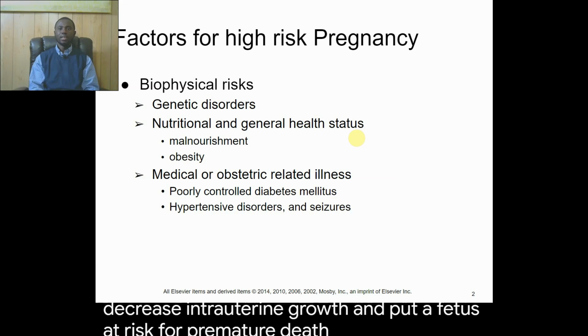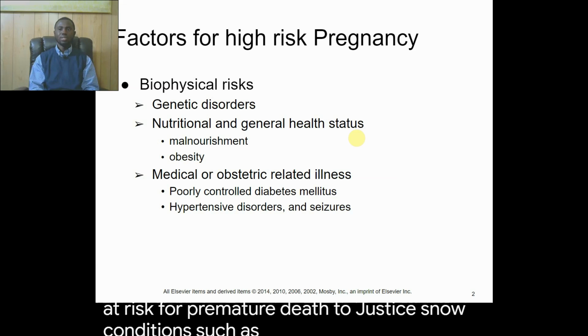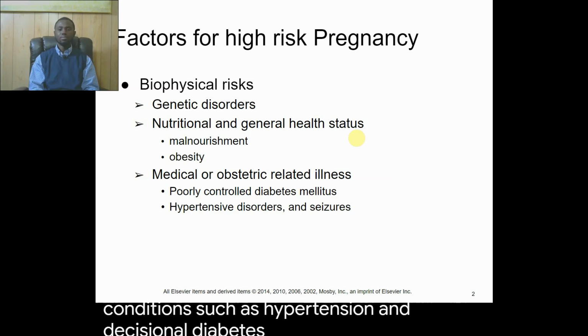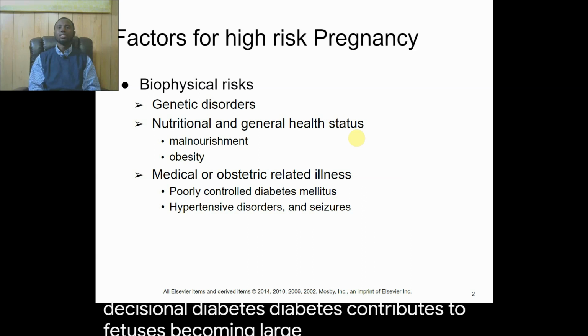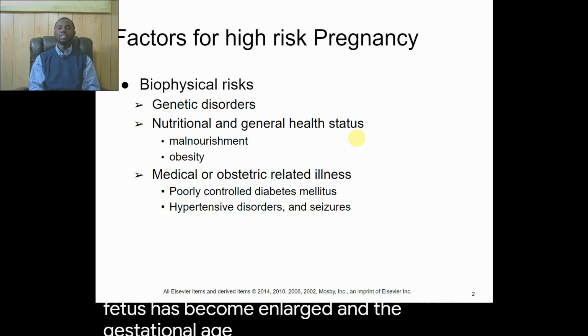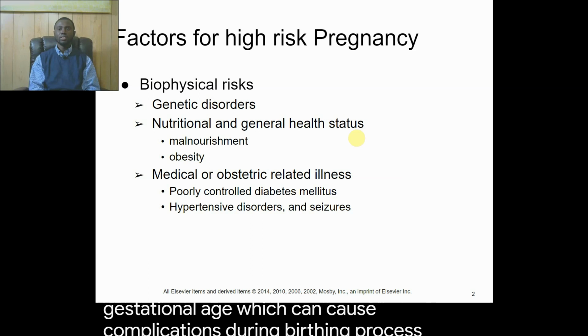Obesity, on the other hand, contributes to gestational conditions such as hypertension and gestational diabetes. Diabetes contributes to fetuses becoming larger than the gestational age, which can cause complications during the birthing process.